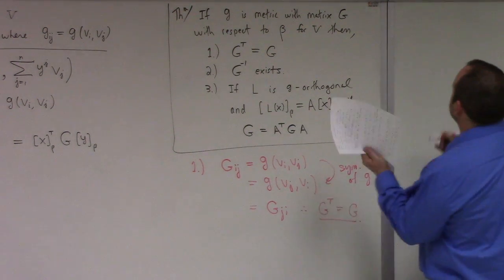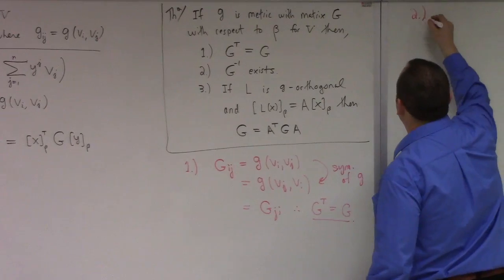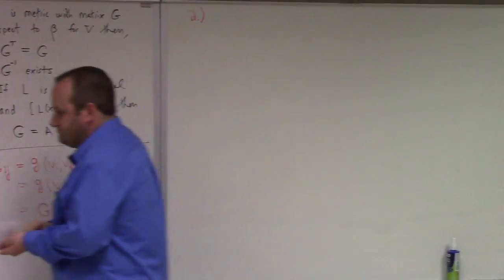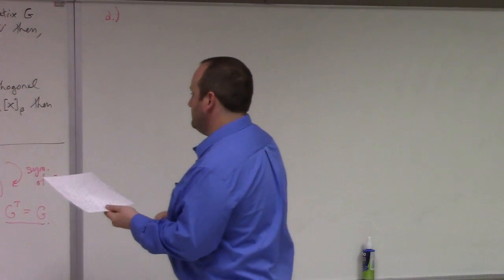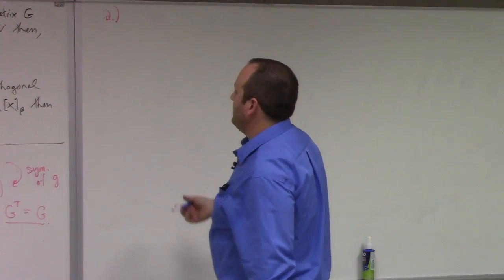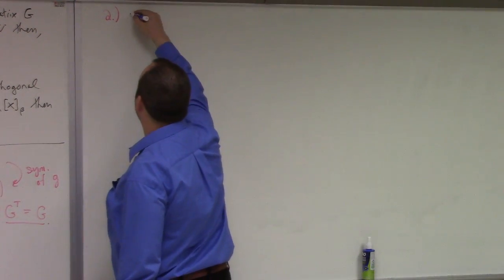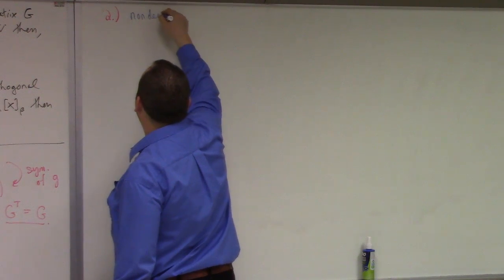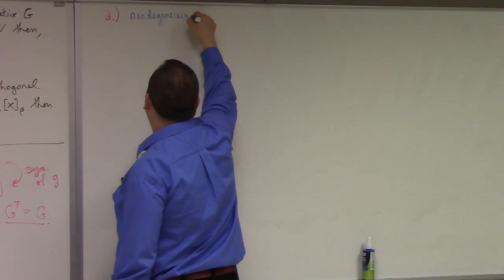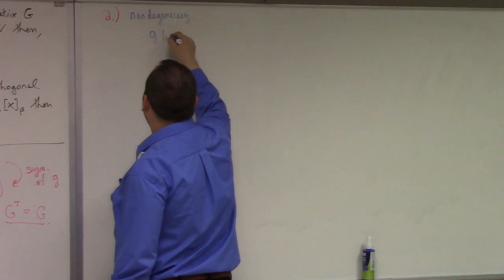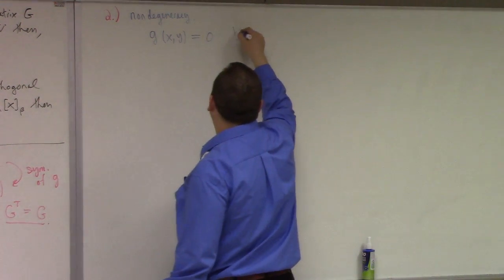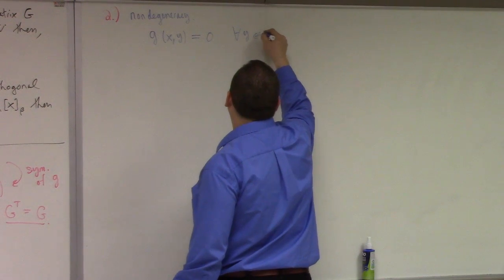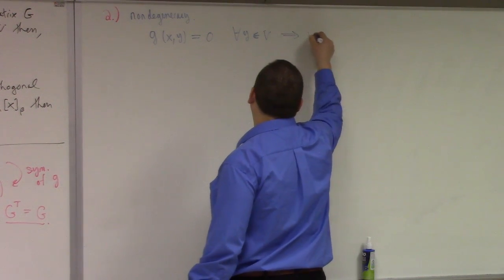Two. And here's where I got hung up, and I really shouldn't have, because we were almost done last time. It's a really nice argument. So what does non-degeneracy mean? It means that if g of x comma y is equal to 0 for all y in V, that implies that x is equal to 0.